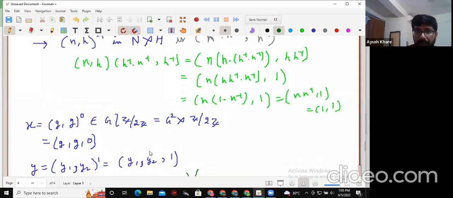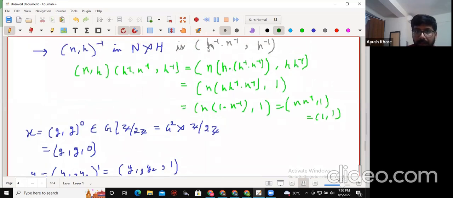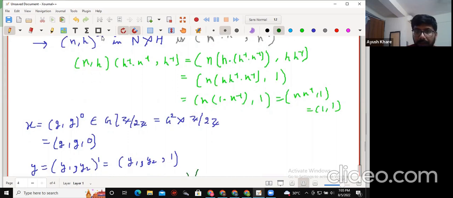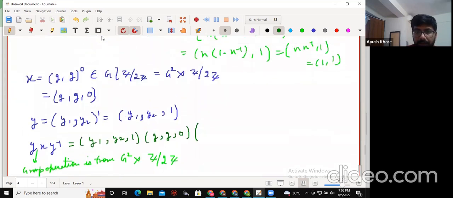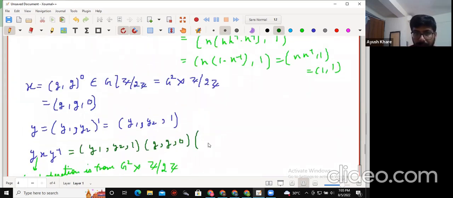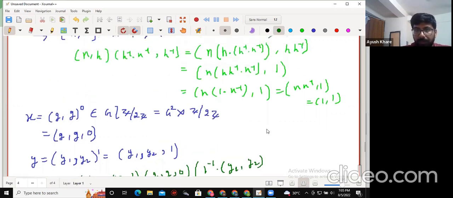Okay, so it is the inverse of H first, and your H is 1. So the inverse of 1 acting on the tuple Y1 comma Y2, right?